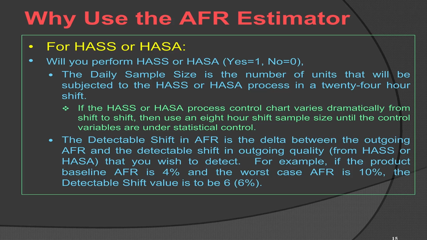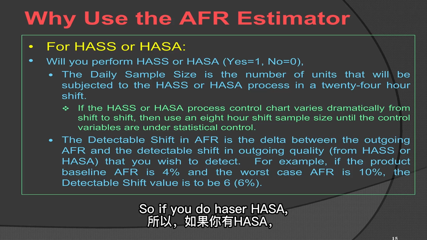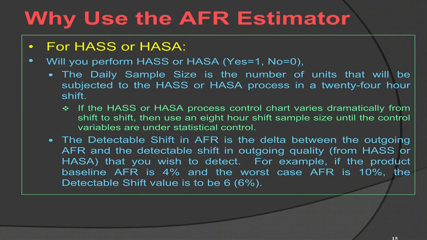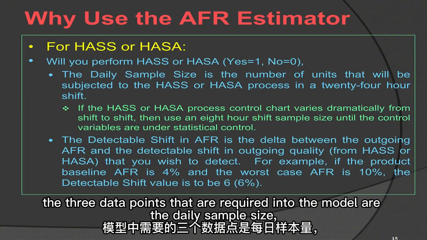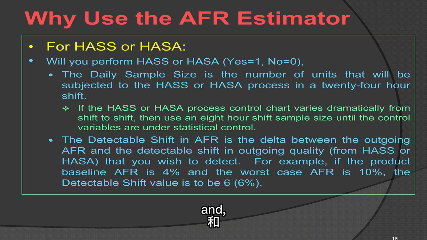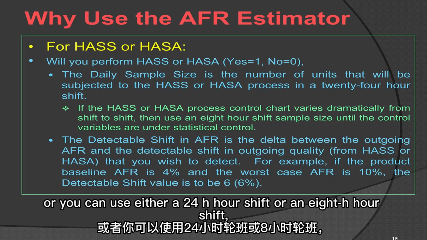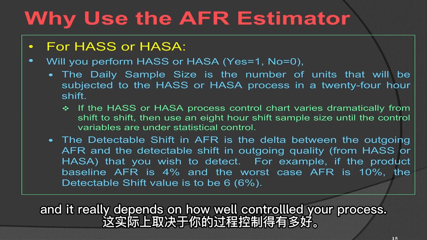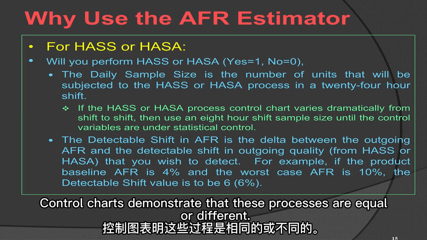and move on. So if you do HASS or HASSA, the 3 data points that are required into the model, the daily sample size, and you can use either a 24-hour shift or an 8-hour shift, and it really depends on how well controlled your process control charts demonstrate that these processes are equal or different.